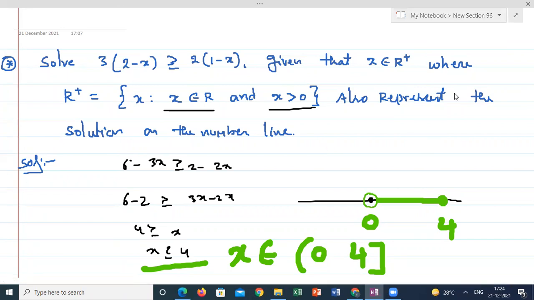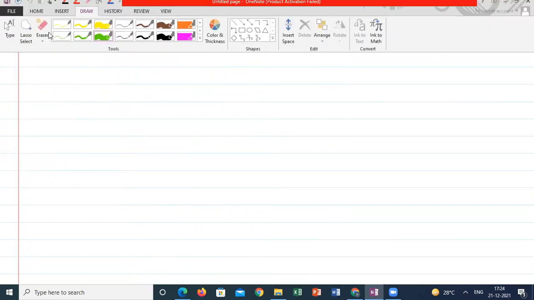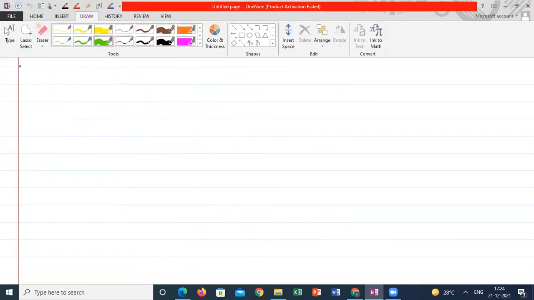Yes, sir. So when they're giving two equations, how to solve? Now we have got only one equation, one variable we are solving. What about when they give two equations of a single variable?